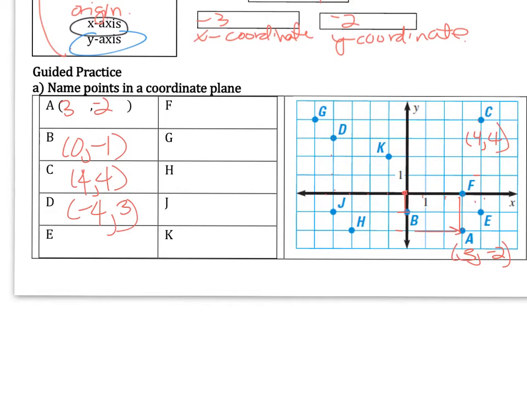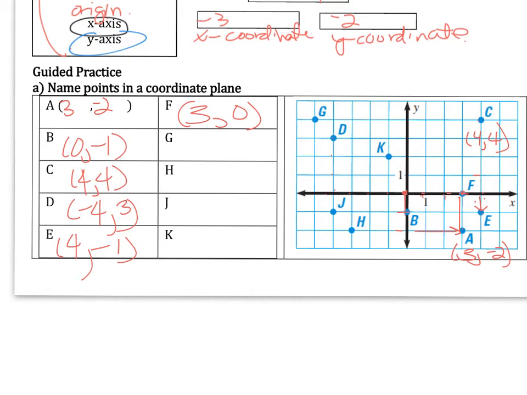E, 4 units to the right, so that's your x-coordinate, and 1 unit down, so that's your y-coordinate. And F, 3 units to the right, so you have 3, and the y-coordinate is 0.